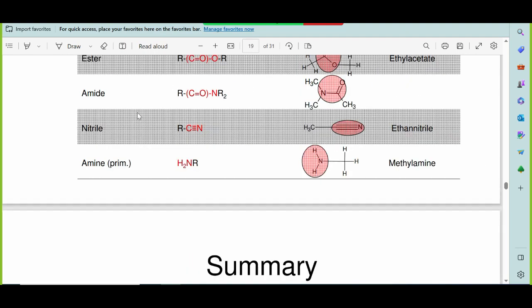And lastly, we have the amine. Amine is when we have the amino group NH2 as a side chain, and the termination is the full word amine. In this case, we have methyl amine, can be ethyl amine, depending on the radical we name it. So this is very easy, but this is called a primary amine because it's bonding to a primary carbon.